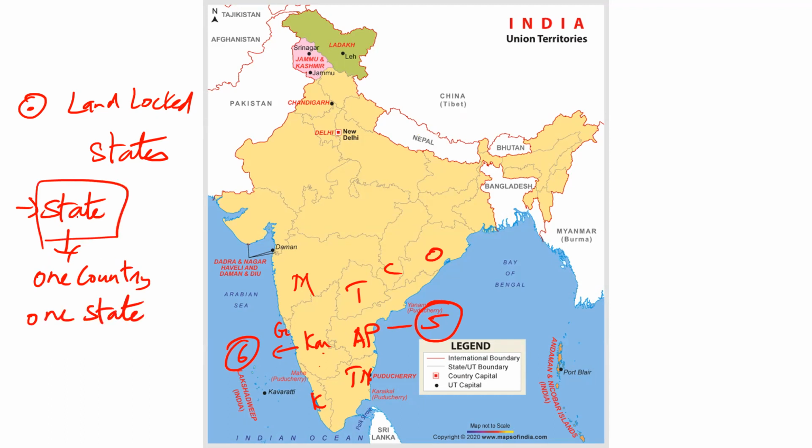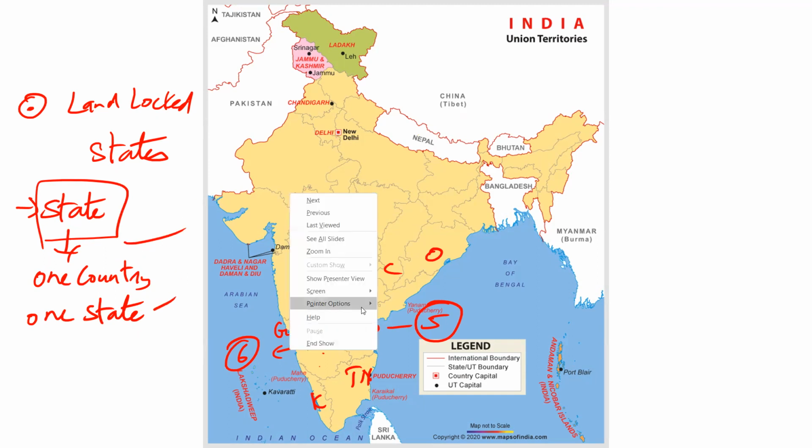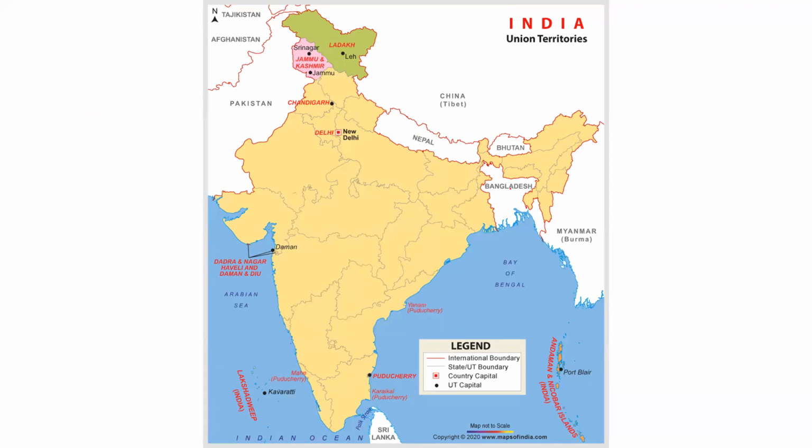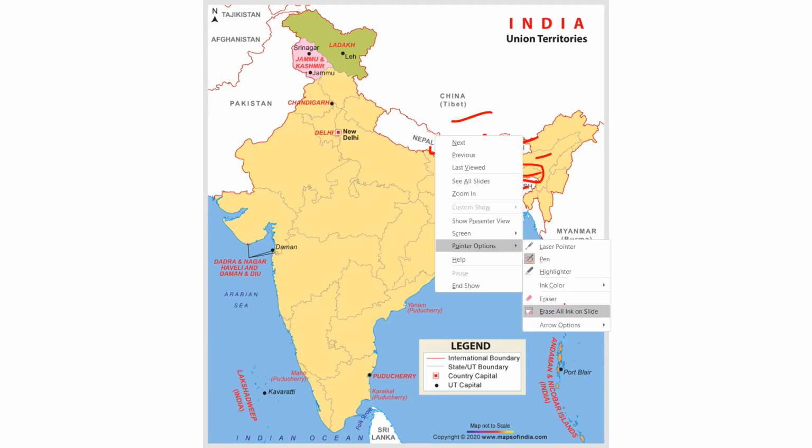Think, name a state which has one country boundary and one state boundary. If you see the map, you can clearly see it. Meghalaya. See here, boundary only with Assam, boundary only with Bangladesh. Sikkim, we have 3 countries. So observe the map, you will come to know such uniqueness.